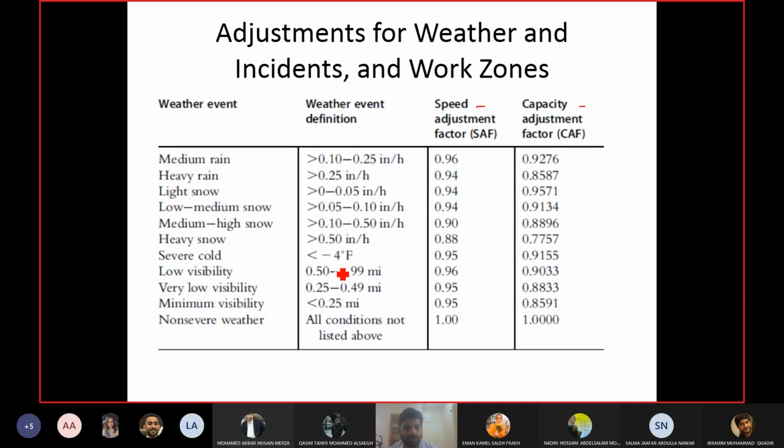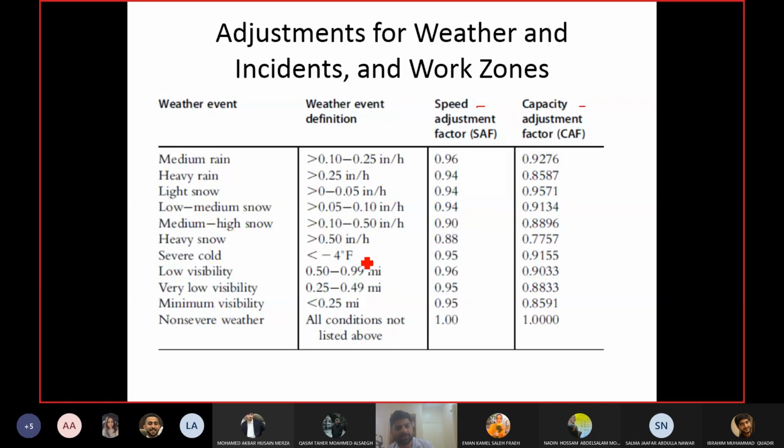With or without snow doesn't matter. Severe cold is less than 4 degrees Fahrenheit. Low visibility is when you cannot see more than 1 mile in front of you, and very low visibility is if you cannot even see half a mile. If you cannot even see a quarter mile, then this is minimum visibility.